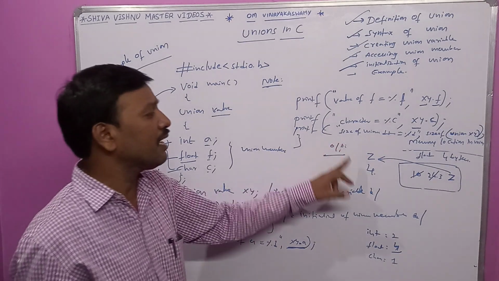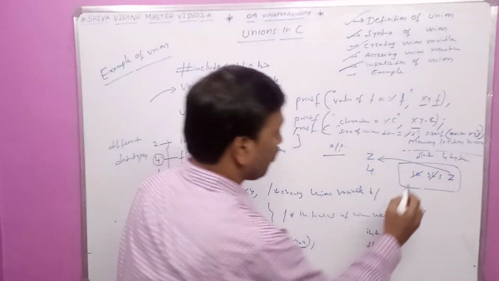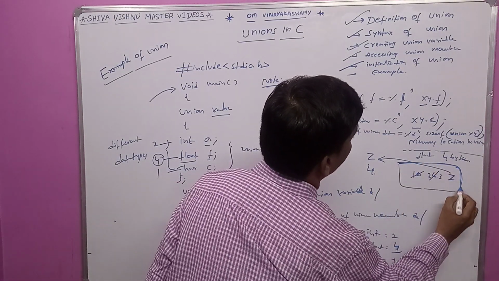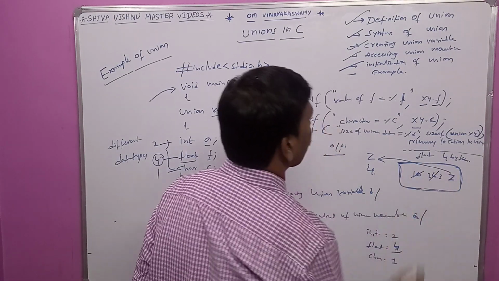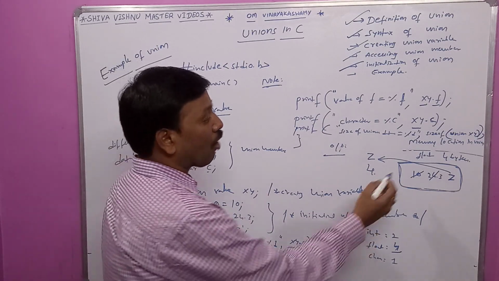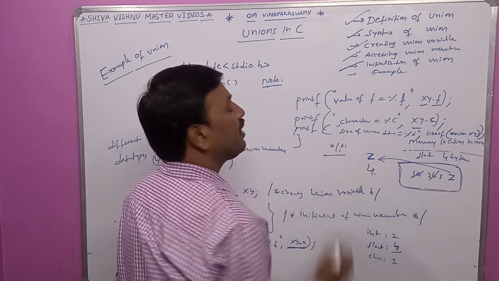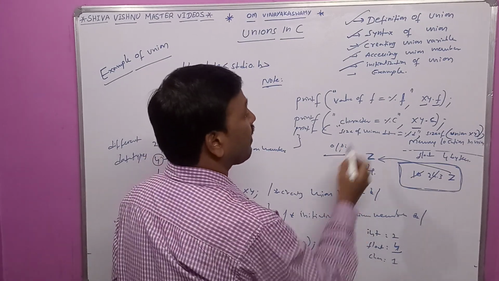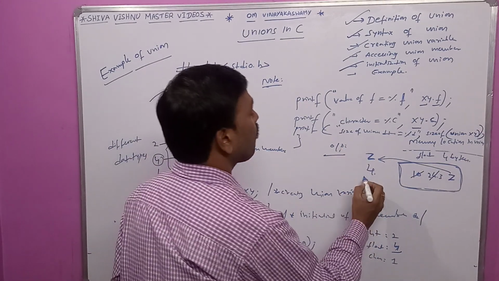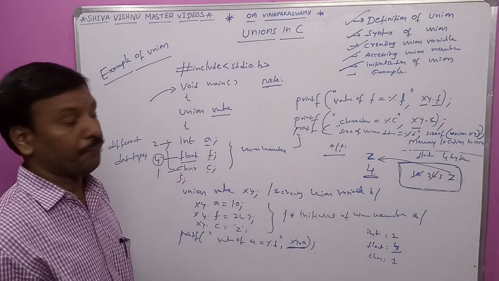Here you can see only a single memory location. Only here we have stored all the data. But here we have the overlap. So that's why the output z will be displayed, and here the size of the union data type is 4 bytes. That is the answer of this program.